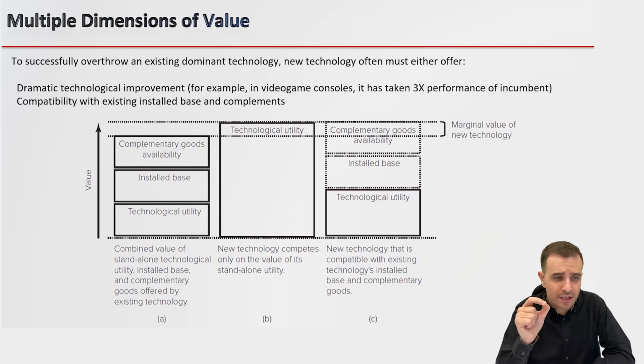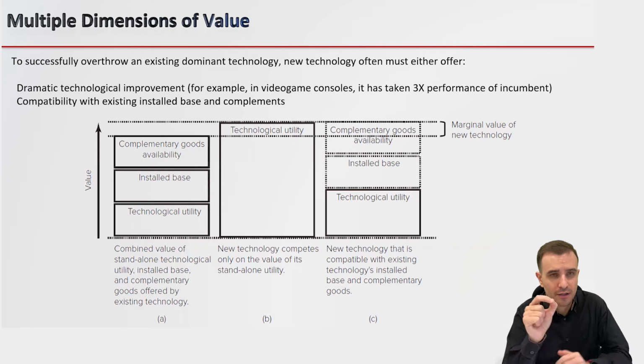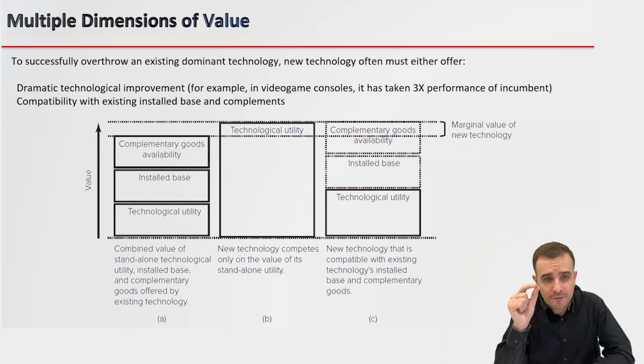And by doing so, as you can see, compared to the existing technology, which in the chart is depicted on the left-hand side, this technology has a marginal value which is superior to the previous technology. The way the technology achieves this is entirely based on enhanced technology utility.